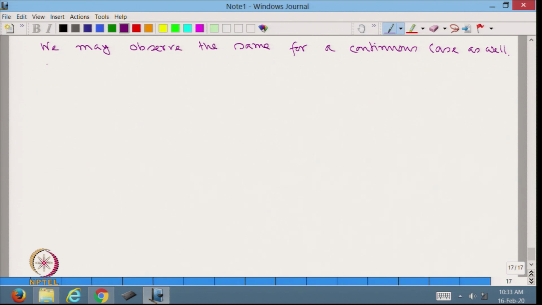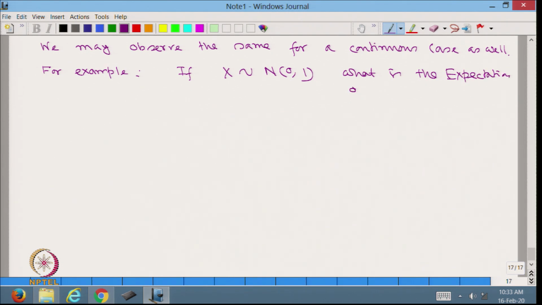For example, if x is normal 0, 1, what is the expectation of x square? So, we do it as follows.